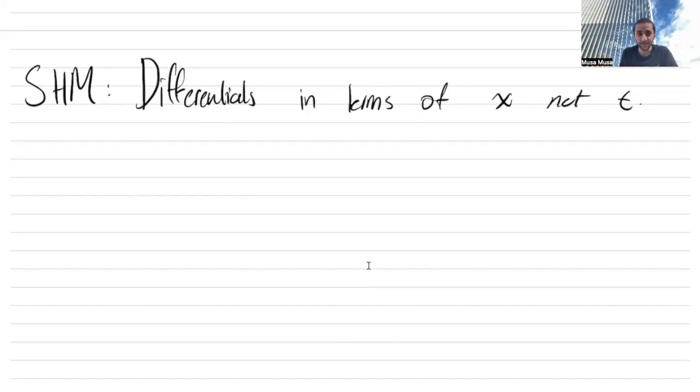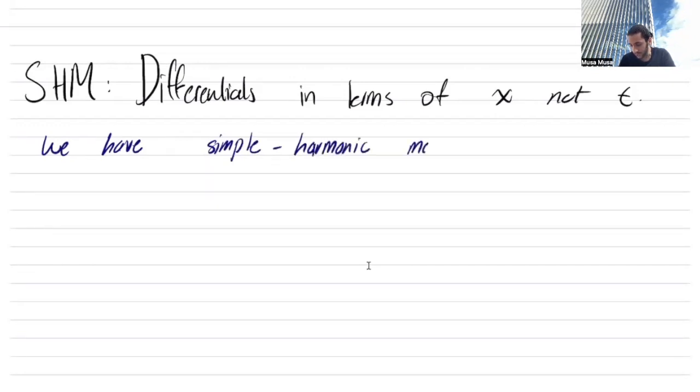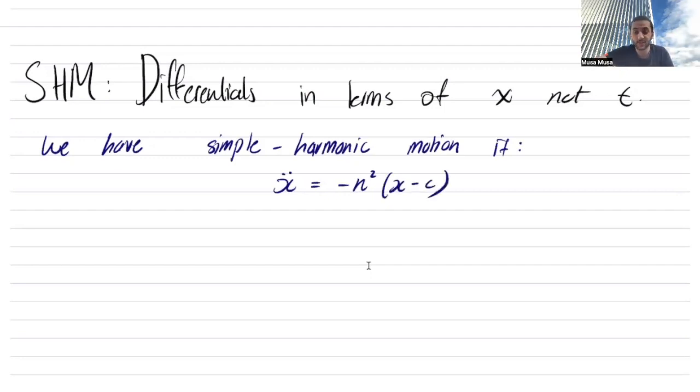So what we can say is that we have simple harmonic motion if x double dot equals minus n squared x minus c. So this is the most general form.